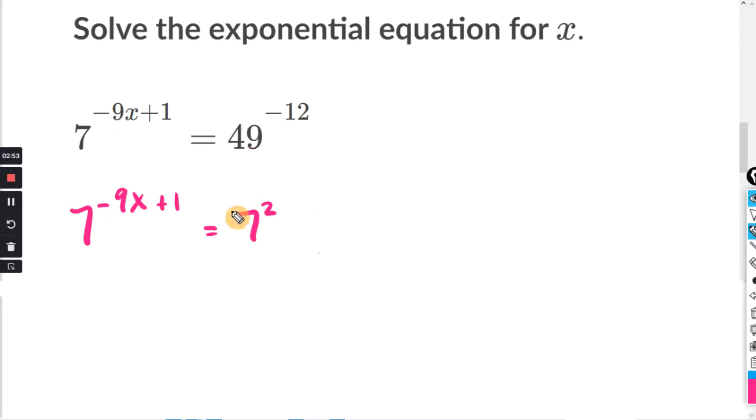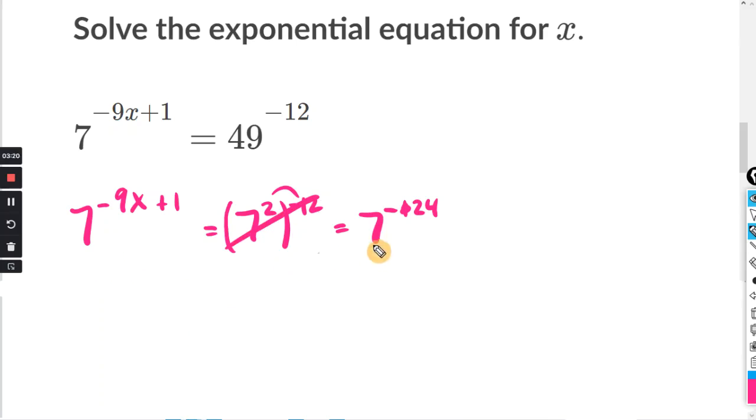Okay, and it's still raised to the power of negative 12. And of course, that is the equivalent of 7 to the power of 2 times negative 12, which is negative 24.